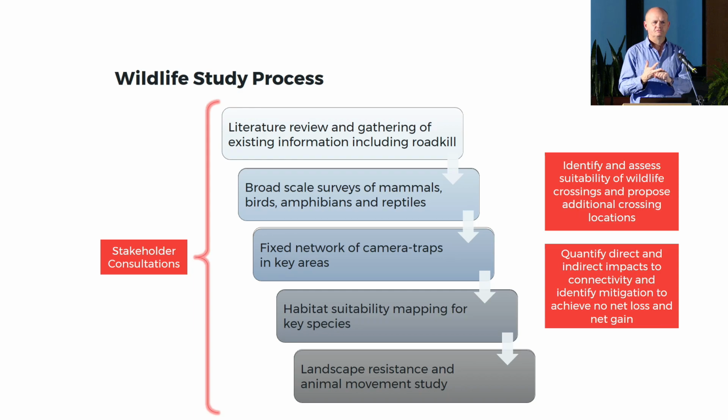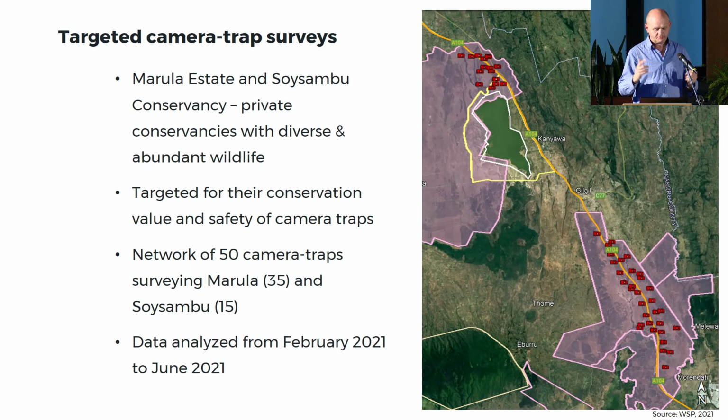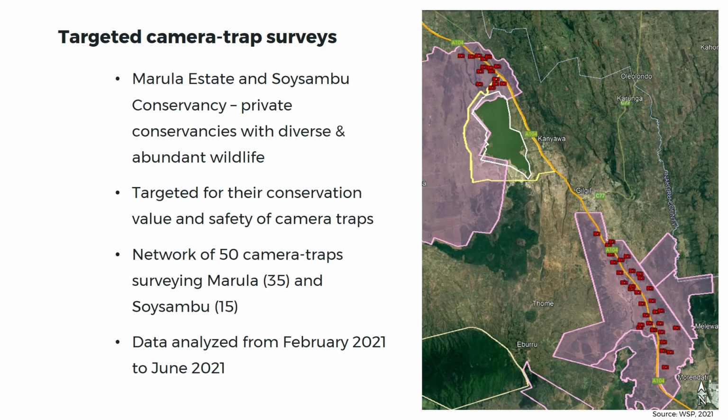So it was really difficult to figure out how much connectivity would result in a net gain or net loss. That took a lot of work, but I'm not talking about that today. I'm happy to chat about it if anyone's interested.